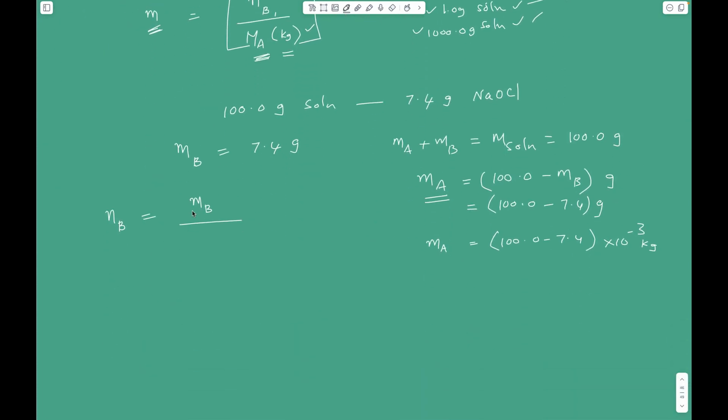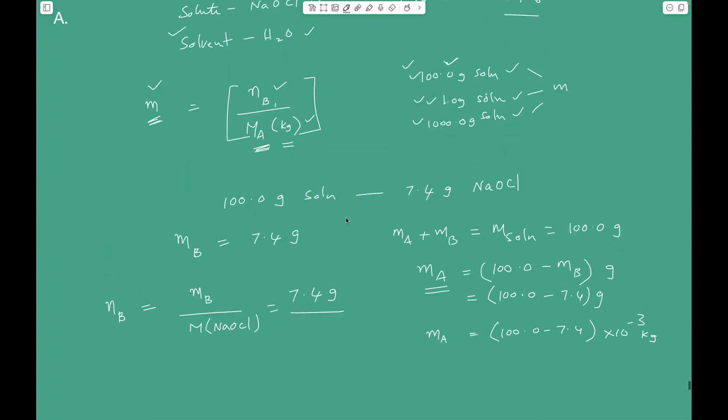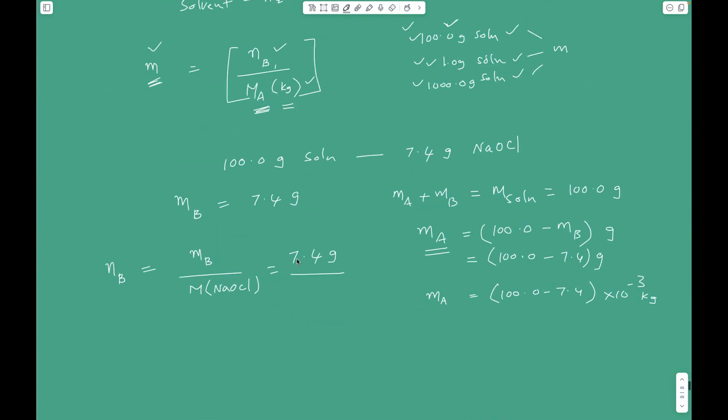So nB is equal to mB over the molar mass of sodium hypochlorite. The mass of sodium hypochlorite is 7.4 grams and the molar mass is 74.5 gram per mole. So cancel these two and simplify this to get the value of nB. Then molality is equal to nB over the mass of the solvent in kilograms.